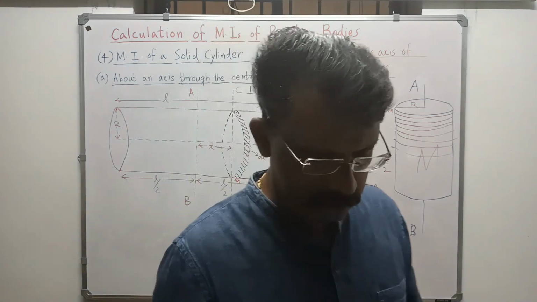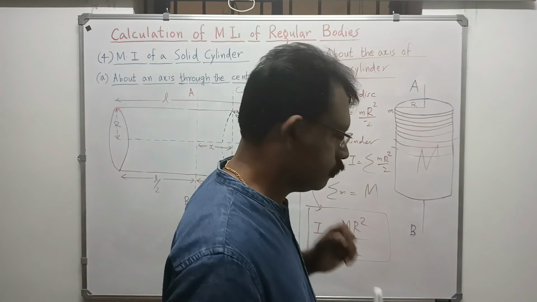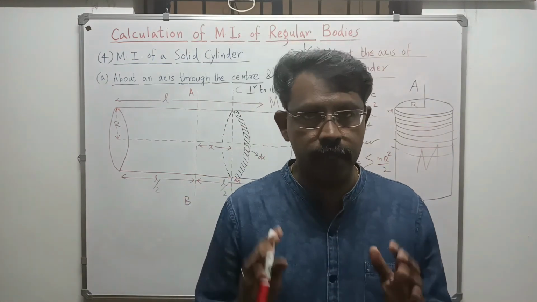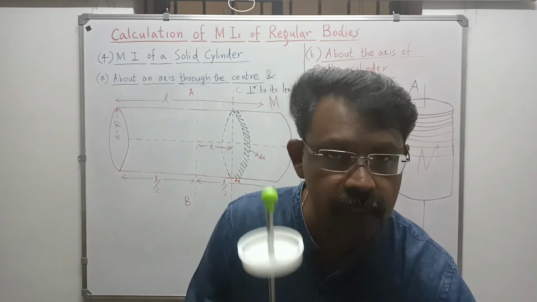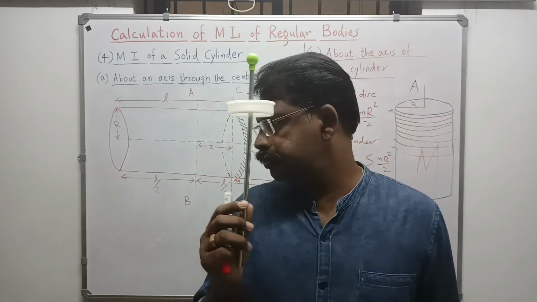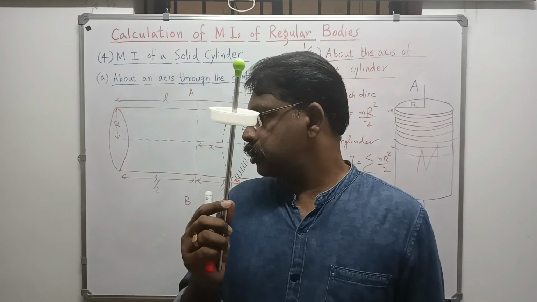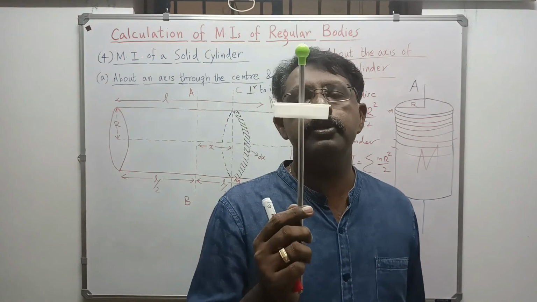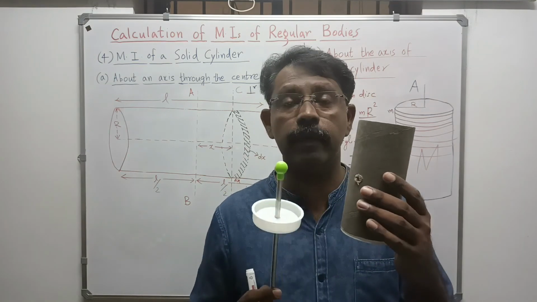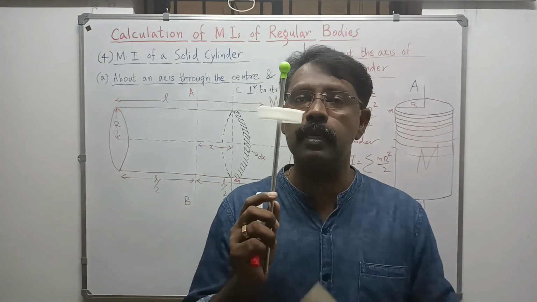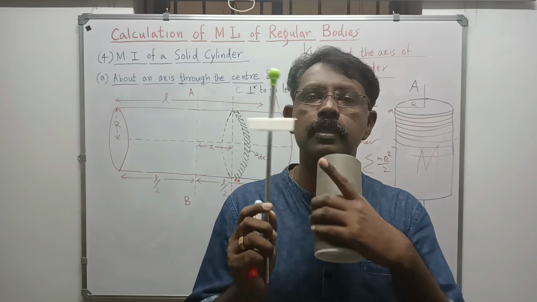So we can say that this equation is the same as the moment of inertia of a disc. If I take the moment of inertia of a disc about this axis, it will be mr squared by 2. Okay, and if I take the whole cylinder also it is mr squared by 2. Where is the difference? In this case, m is the mass of this disc alone.